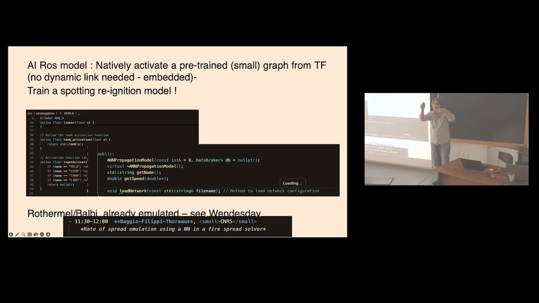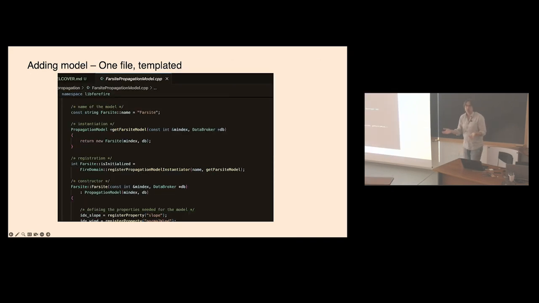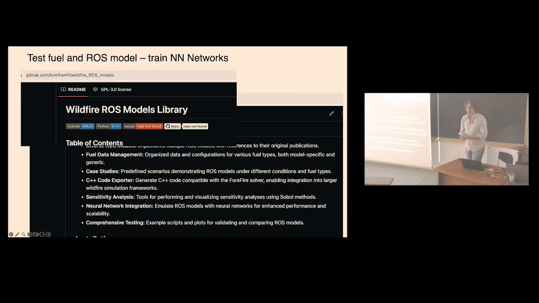But we don't have any scientists that want to do it with the code right now. Adding a model is just a template, so it could be a rate of spread model using a trained graph too. To train the neural network rate of spread model, we developed this with this library too, which is open source, and so we emulated.